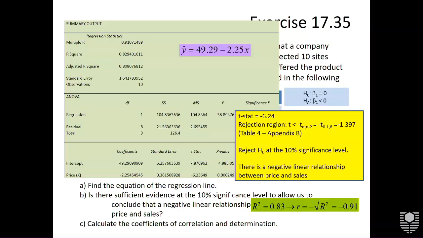So the square root, with a minus sign, of the coefficient of determination equals minus 91%. Right, guys?